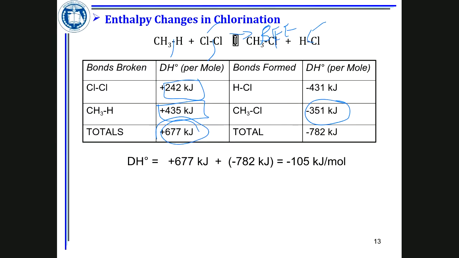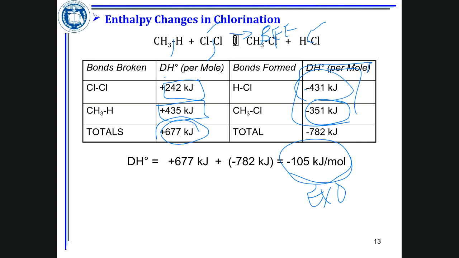By convention, energy that is released has a negative value. So if this is the total amount of energy being released, and this is the total amount of energy being consumed, overall, the reaction is going to be exothermic. Why exothermic? Let's say you make $1,500 and you only spend $1,000, you end up with $500.